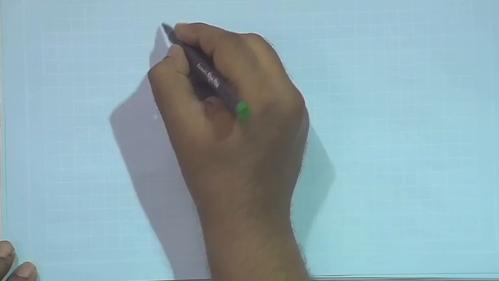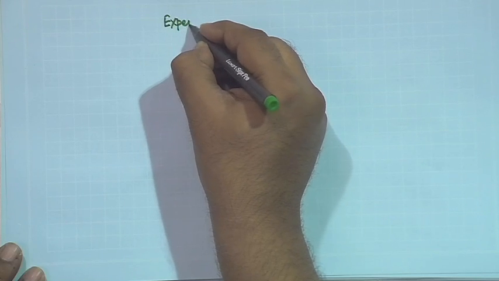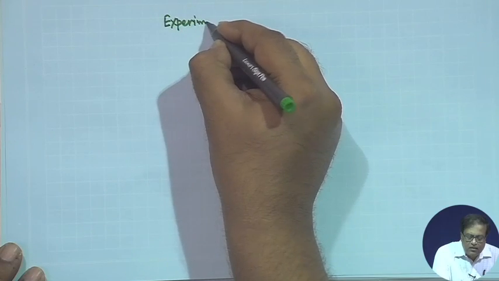Before we embark on this problem, let us look at this in a slightly bigger perspective, because whenever we talk about experimentation, there are different experimental situations that can occur.